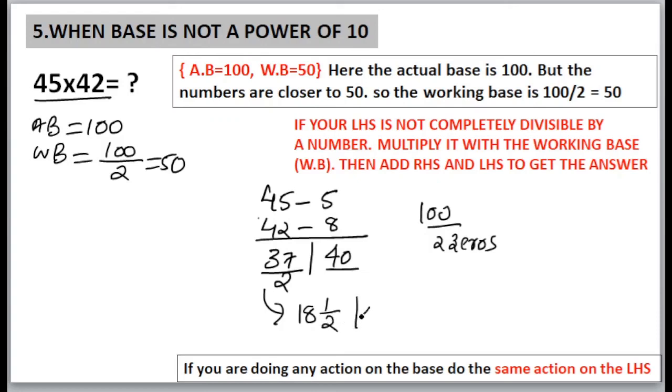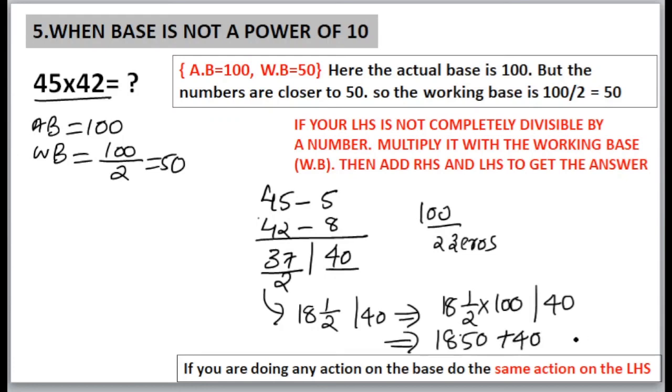So that will be 18, 1 by 2 into 100, that is 50, plus 40, that is 18,90. 1890 is your answer.